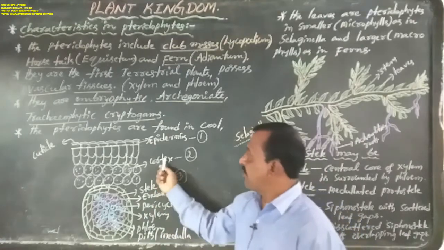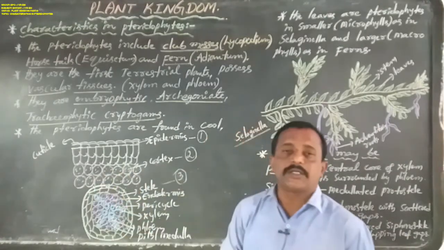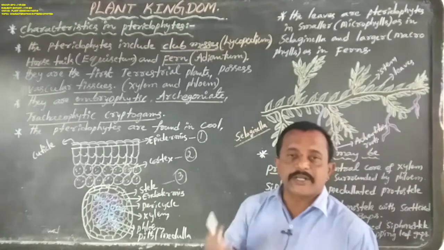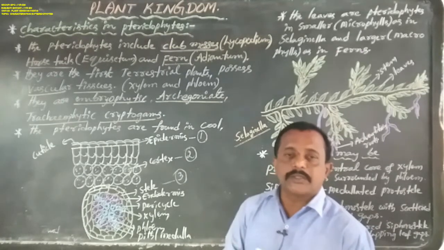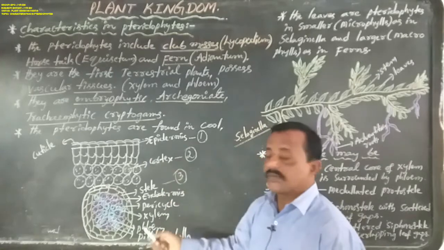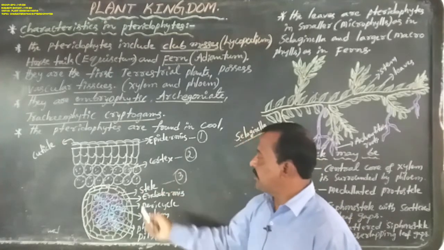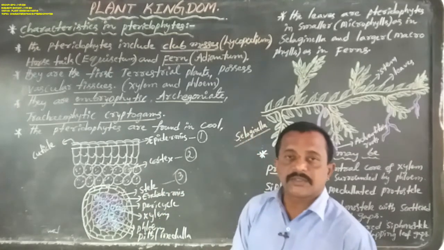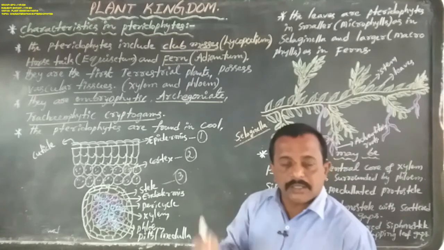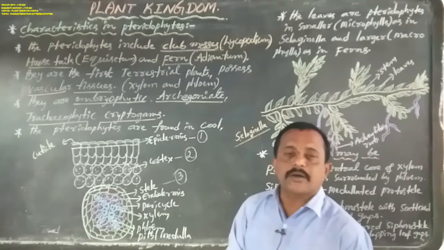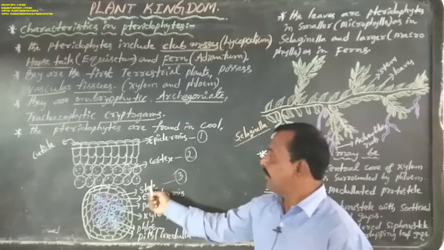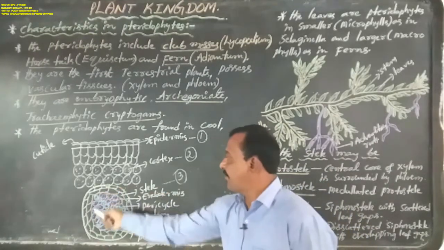This cortex stores food material and transports food through the phloem to the other parts. The third part is the stele. Below the cortex is one type of stele.